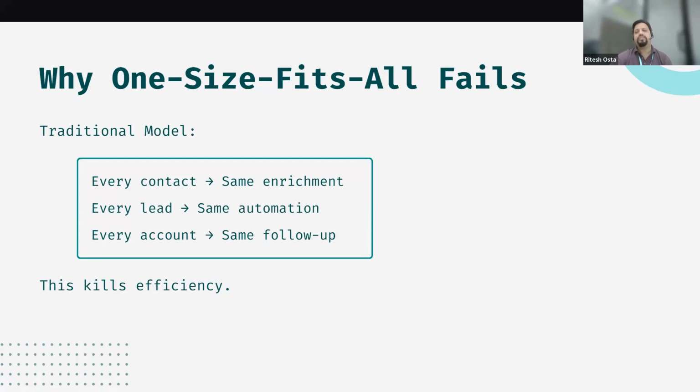This kills efficiency, and it also burns credits and money. You cannot use one size fits all for everything that is coming into your CRM. And this is where a structured process and a structured framework is super important for the enterprise.